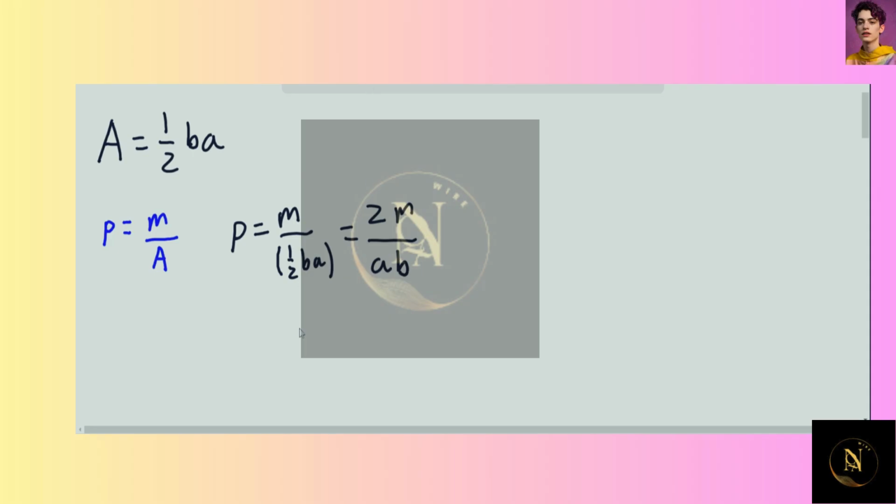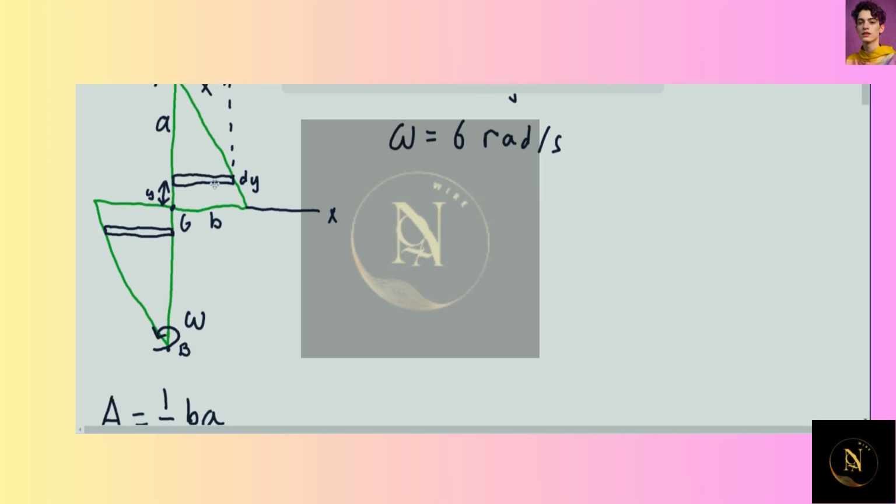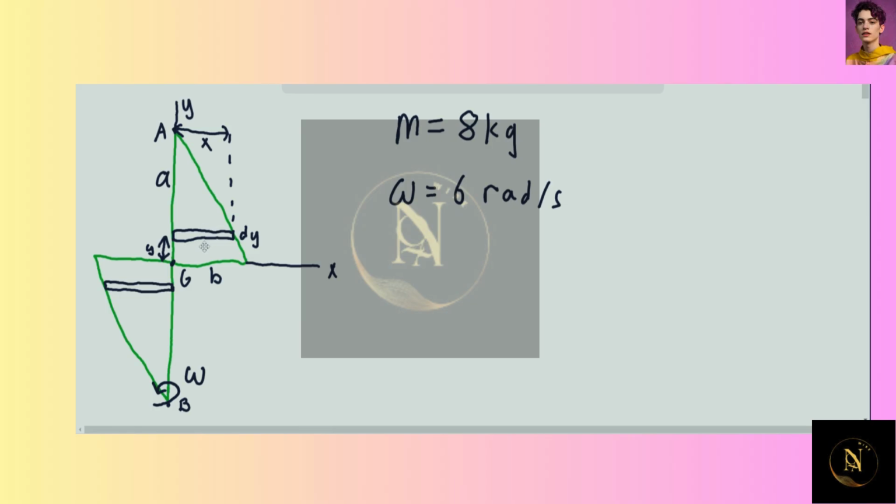So now we're going to look back at our rectangular element here, and we're going to need to find what the coordinates are of the centroid of this element in the x direction and in the y direction. So the centroid of this rectangular element on the x-axis is just going to be the length x divided by 2.